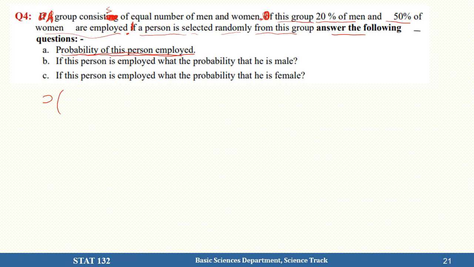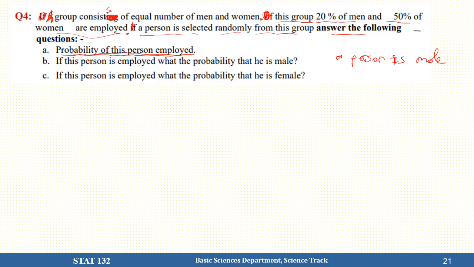But first I want to write all the information here, and I want to use symbols instead of writing everything. So there are men here. So when you choose a person, this person can be a woman, right? Or the person is male.